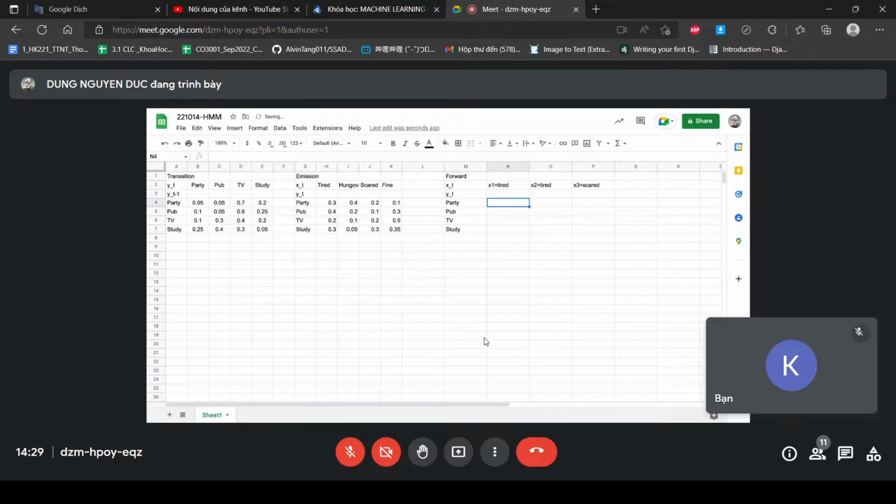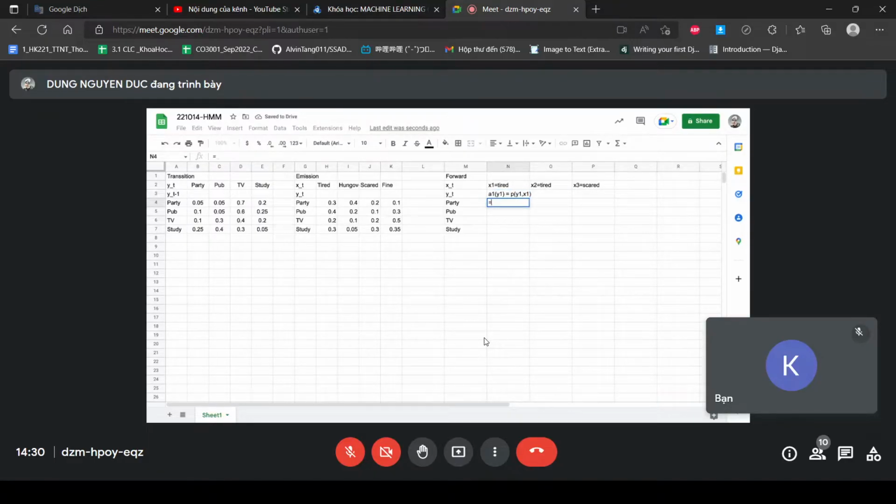Now, if you remember what we have discussed so far about the forward algorithm, we need to calculate the number alpha, right? So what is alpha? Alpha is the joint probability between yt and xt. So alpha one of y1 is equal to the joint probability of y1 with x1, which I believe you guys can get.